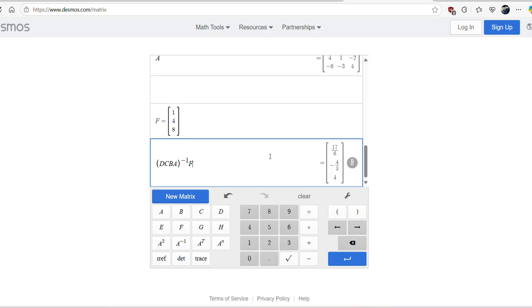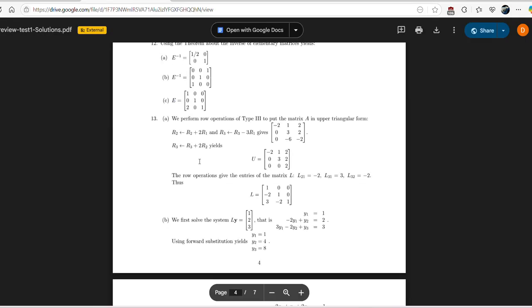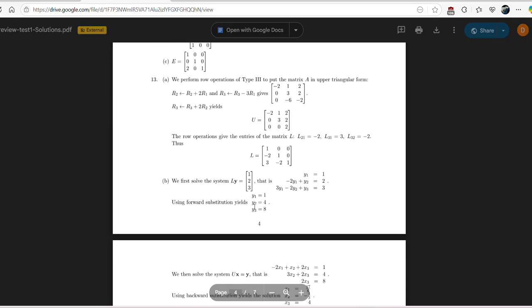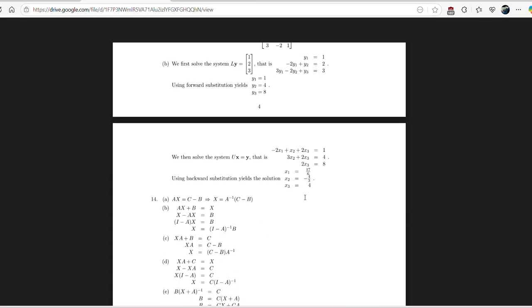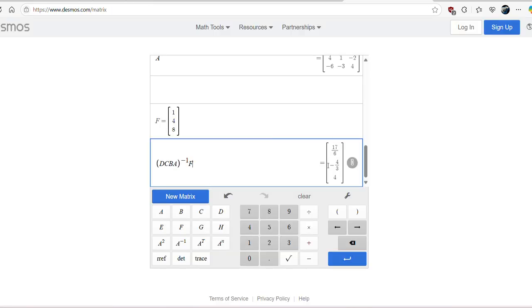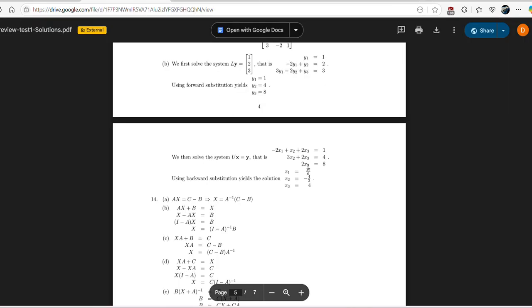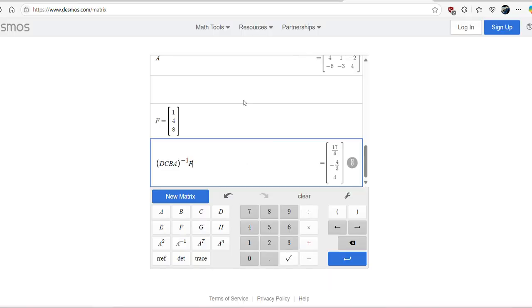So DCBA is our U. So we're taking the inverse of U, and we're left multiplying that by our Y. Awesome.